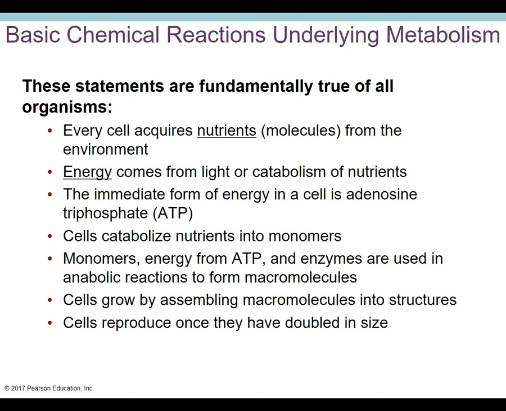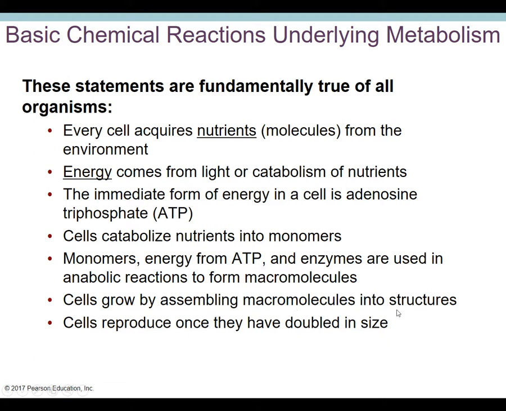So a breakdown of a polymer into monomers, but then monomers that are glucose can be broken down or oxidized to make ATP. And so monomers from nutrients, energy from ATP, and enzymes are all important in the anabolic reactions of the cell.